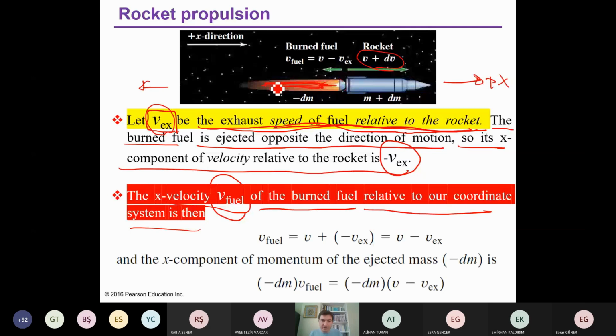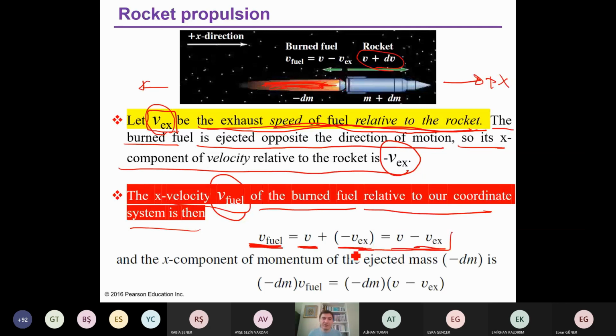The velocity of the burned fuel is equal to the velocity of the rocket plus the exhaust speed of the fuel relative to the rocket, and here we have a minus sign because it is opposite to the velocity of the rocket.